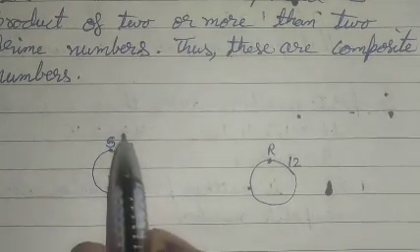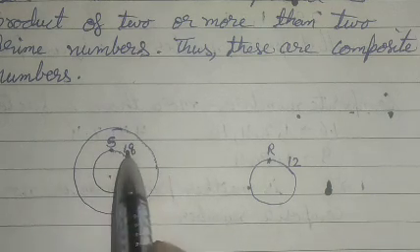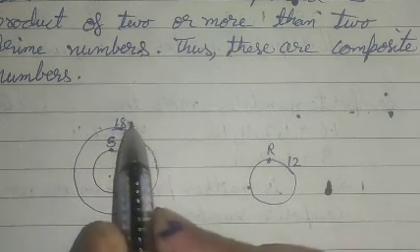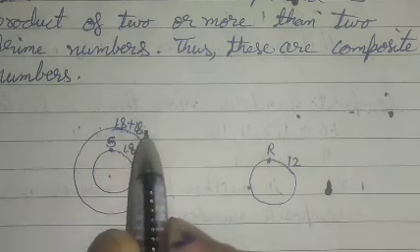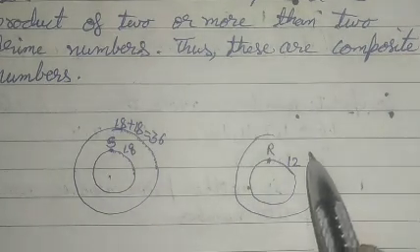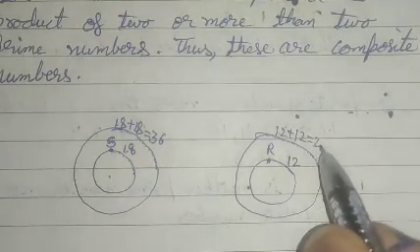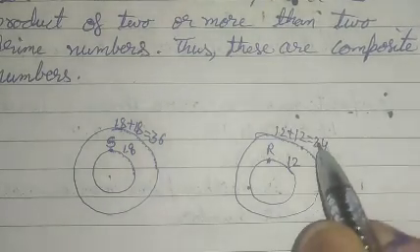Now, for second round, how much time will Sonia take? She has taken 18 minutes for first round, 18 plus 18, second round 18 more, so this will be 36 minutes. Ravi will take 12 plus 12, that will be 24 minutes. 12 for first and 12 for second, 24.